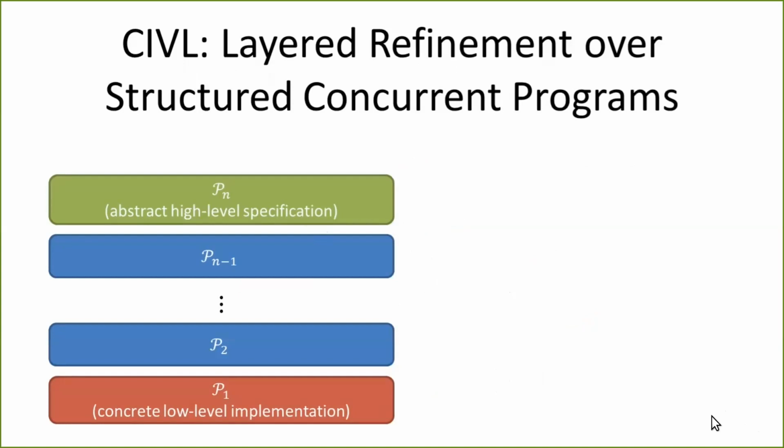And so overall, proving the safety of the most abstract program P_n implies the safety of the low-level implementation. The advantage of this approach is that the connection of each layer only requires a rather small invariant that justifies a small program transformation, and thus the proof is partitioned into small manageable pieces.